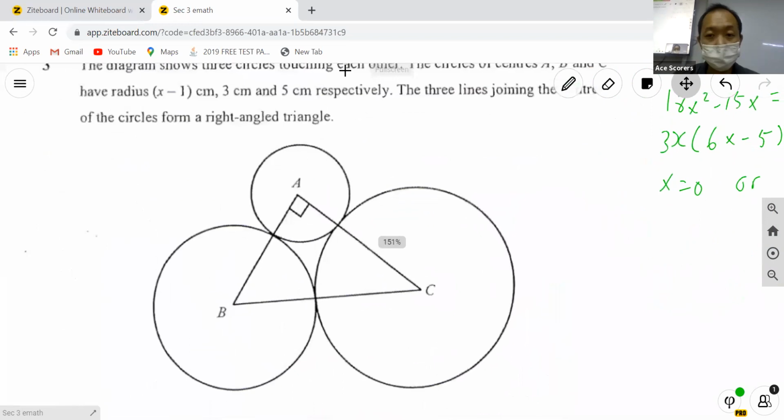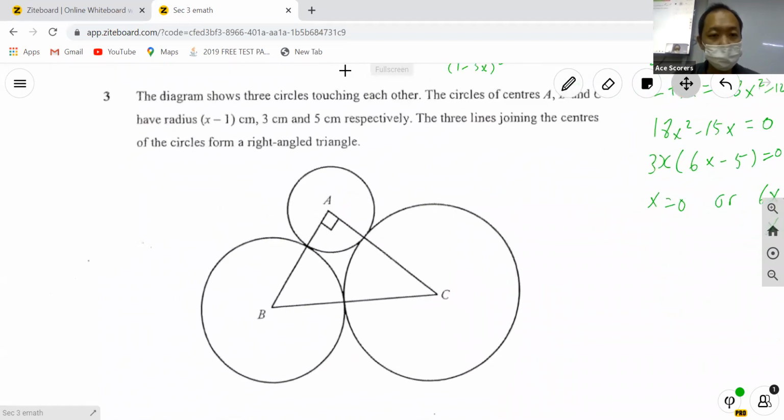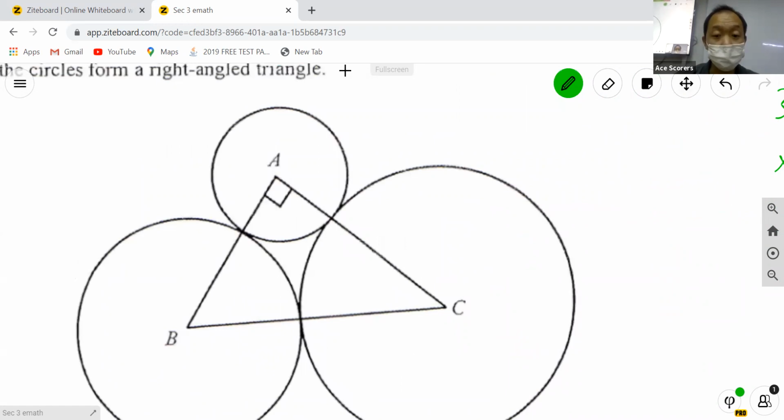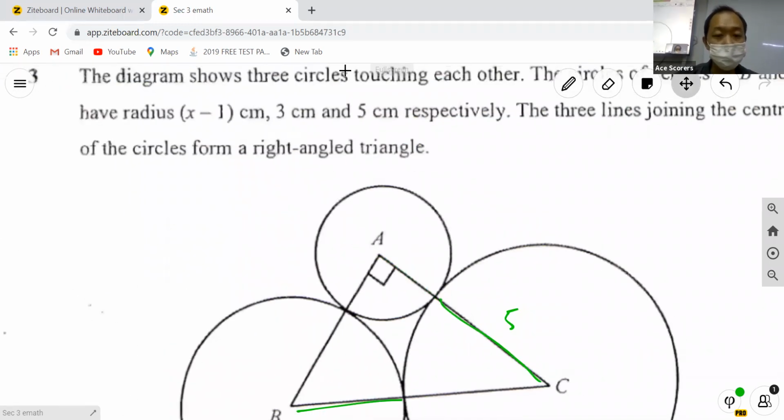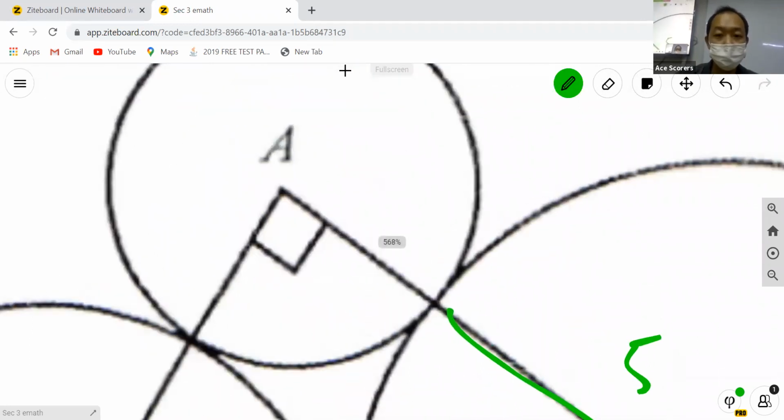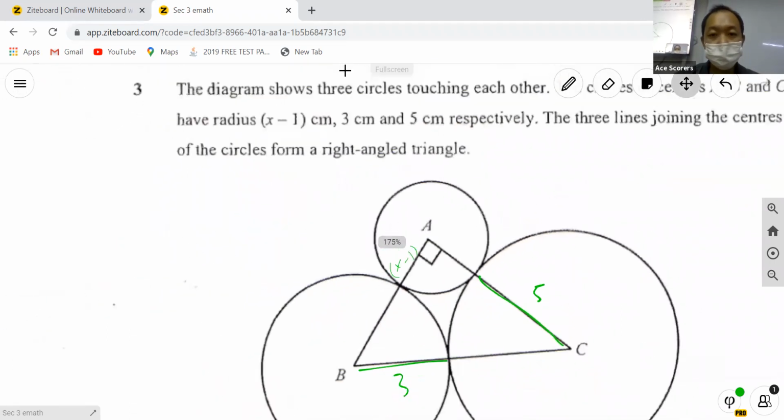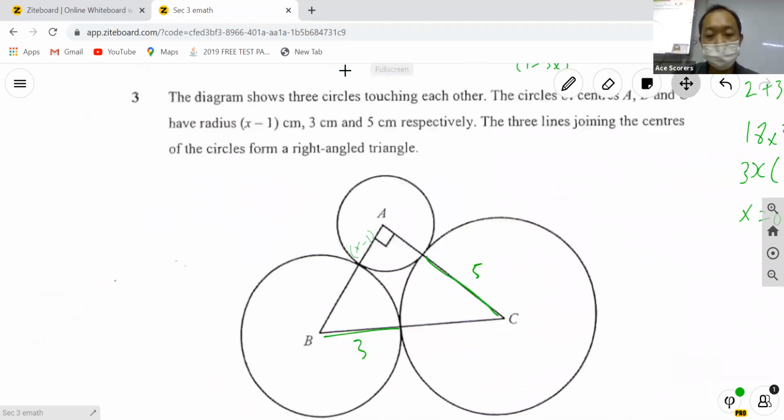The centers of circles A, B, and C have radius 5, 3, 3, and x minus 1. The 3 lines join the centers of the circles to form a right angle. You have to use Pythagoras theorem.